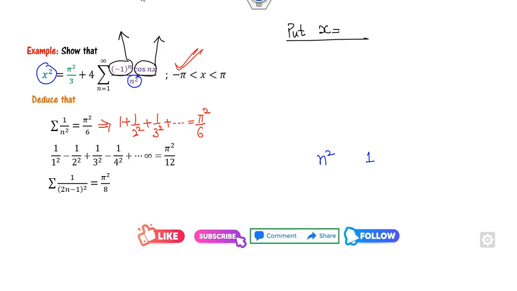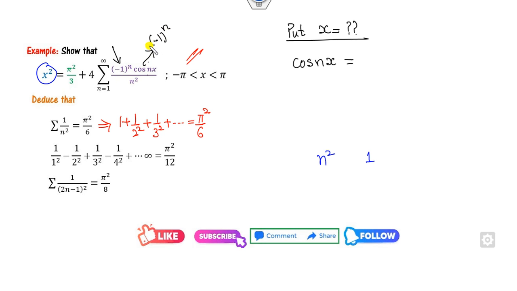So my target is to firstly choose the value of x in such a way that this cos nx should be, yes anyone? Do you need minus 1 raised to power n? No, because they are all positive signs. So you have to choose an x in such a way that this value is also minus 1 raised to power n.